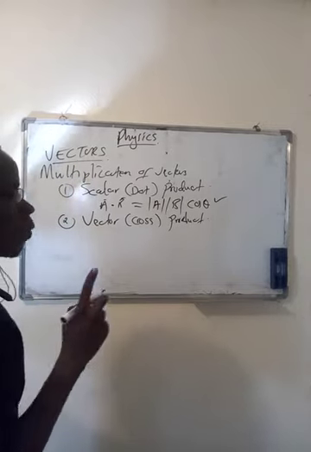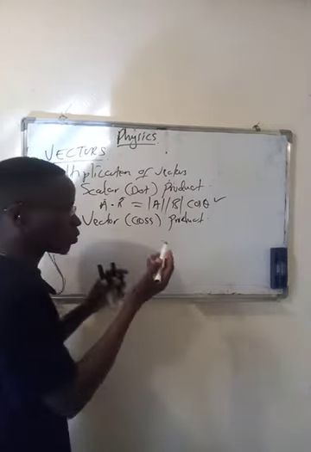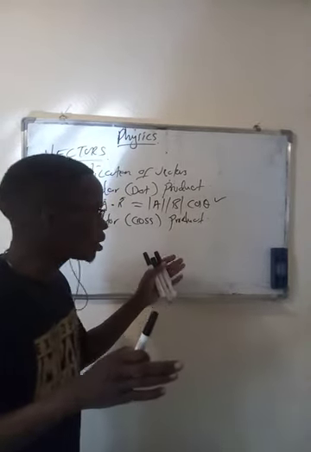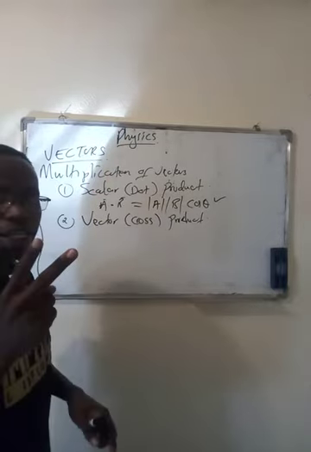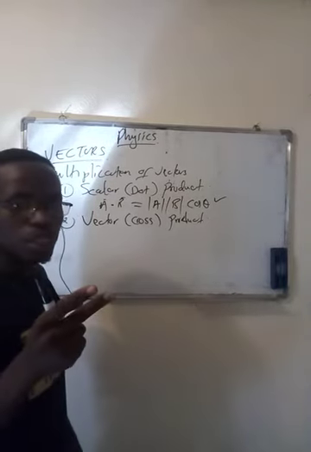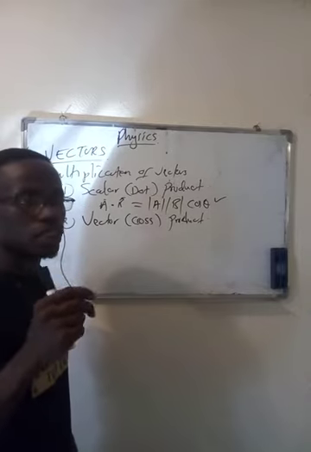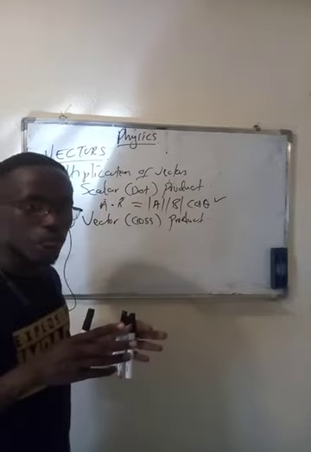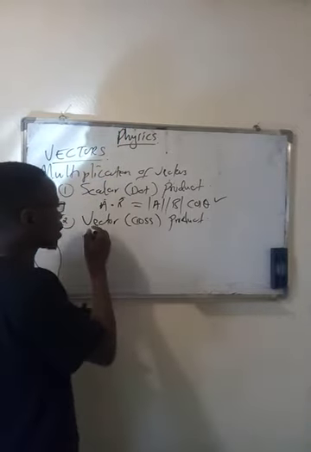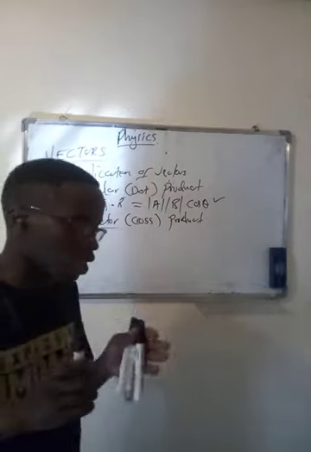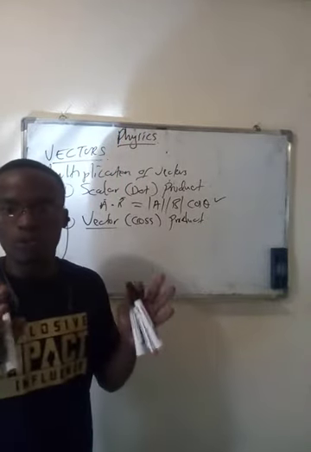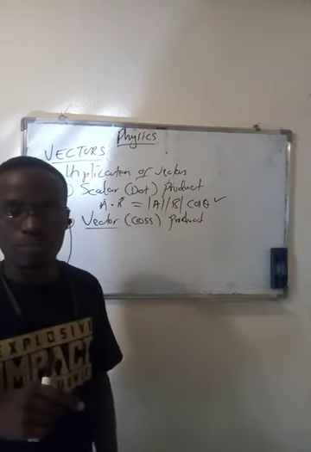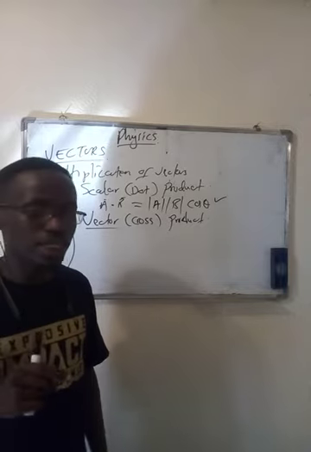So what is the vector product? From the name, let's try to derive a definition. When you multiply two vectors, let's say vector A and B, the final answer is going to be another vector, which we can call vector C. That's why it is called the vector product.